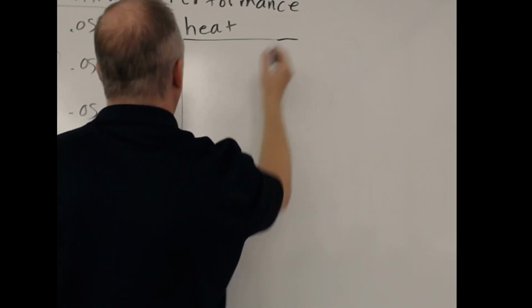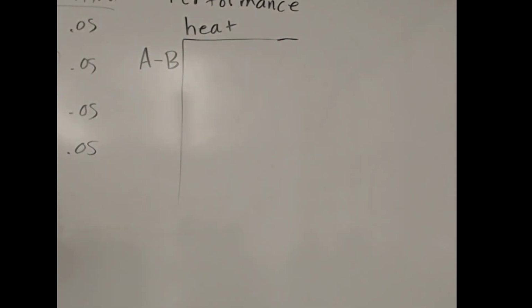So how much heat do we get from A to B? What's going on with A to B? That is an isothermal expansion. Okay. So isothermal, delta U is equal to 0. Q is equal to minus W. And so it actually makes more sense to calculate the work because we know that work equation.